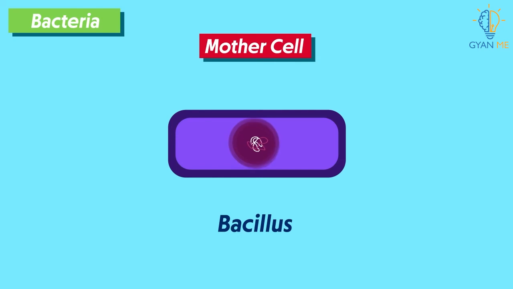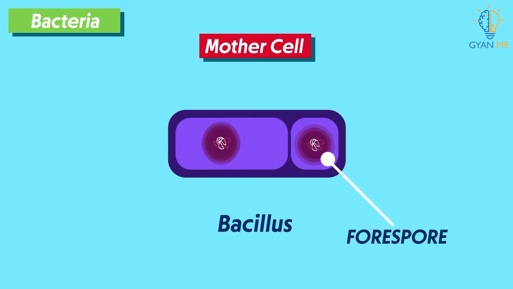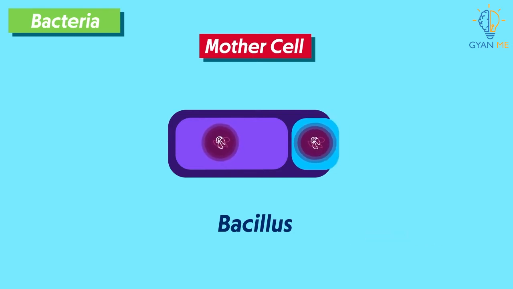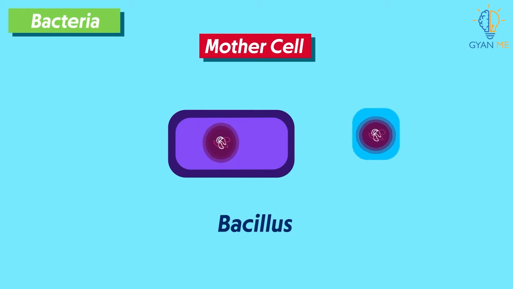Next, the DNA is copied and the cell membrane pinches inward to form the developing spore. This is called the forespore. This spore continues to develop further and turns into a protein-coated small cell. This is the matured spore, and it is released from the mother cell body.